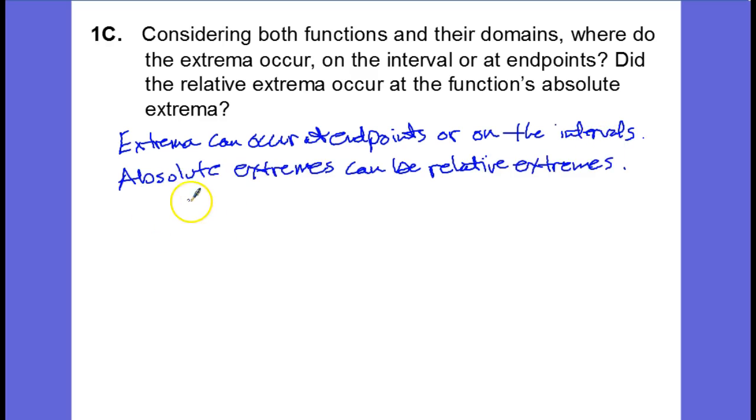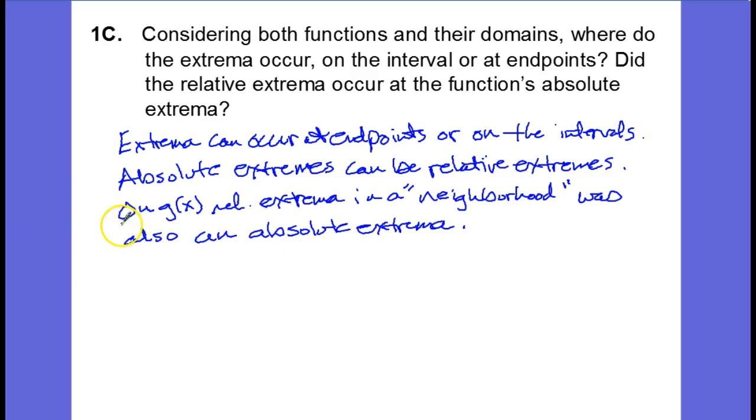It's also possible for absolute extrema to be the same as relative extrema. We saw that happen in example 1b. In particular on g of x, the relative extrema in a neighborhood, the neighborhood is just a local interval, was also an absolute extrema.